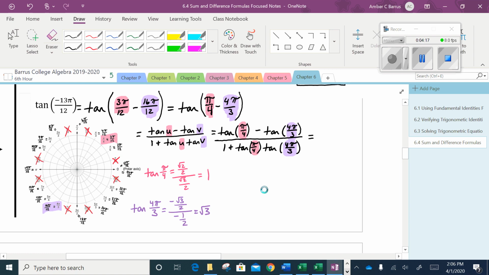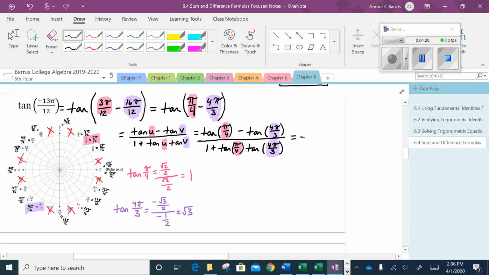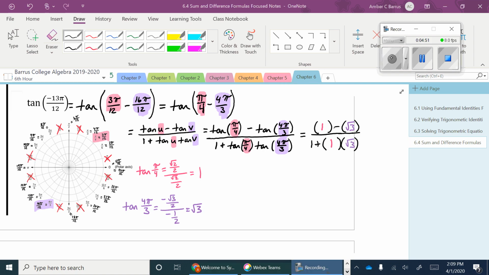Let's move this over. And we'll plug in our 1, and we'll plug in our radical 3, which is going to give us 1 minus the square root of 3 over 1 plus the square root of 3.